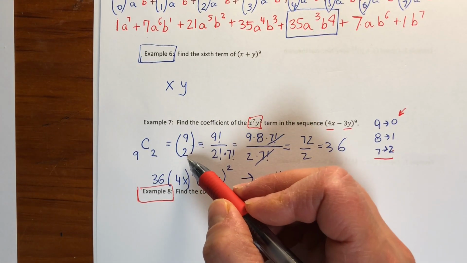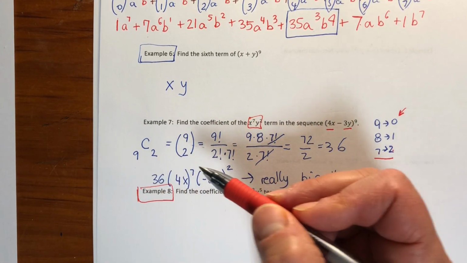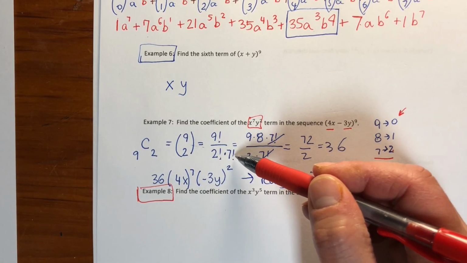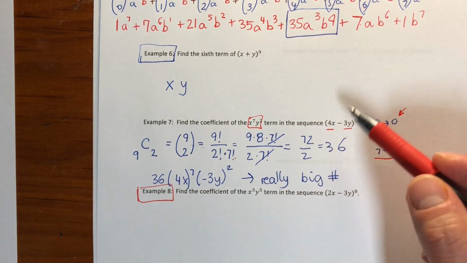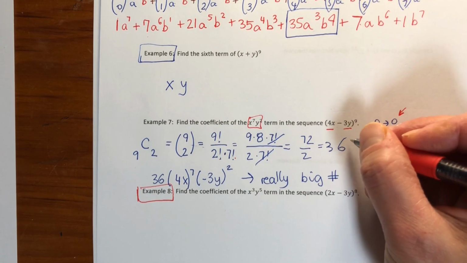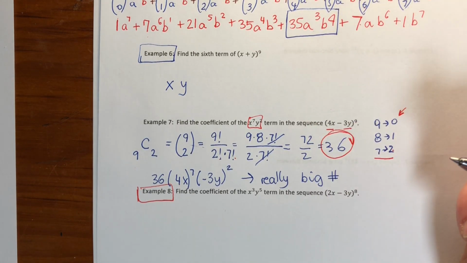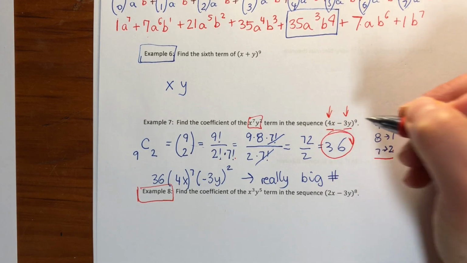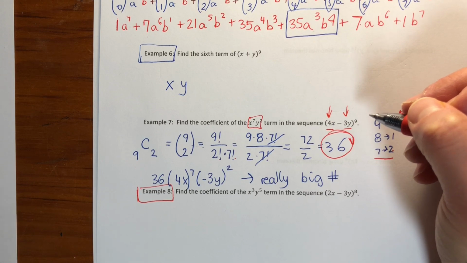So I need to figure out the combination if I take 2 out of 9, and then 9 factorial over 2 factorial times 7 factorial. So here are my computations and a little bit of simplifying. And notice I do get the 36 as an answer. Now again, this is not the end of the story because of my 4 and because of my 3. So now what do I need to do about those?